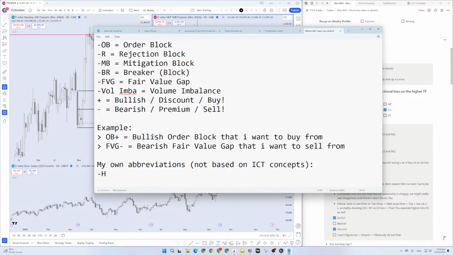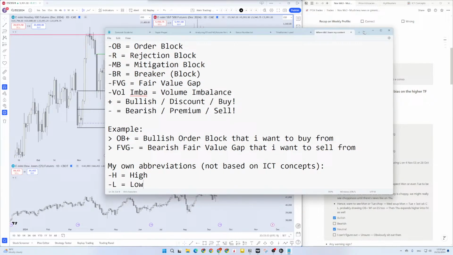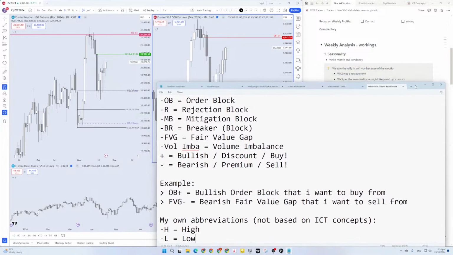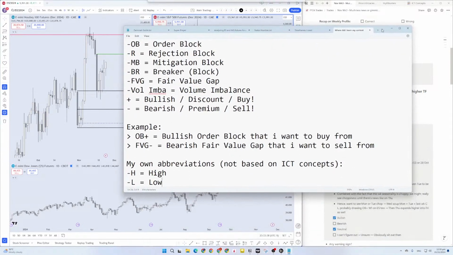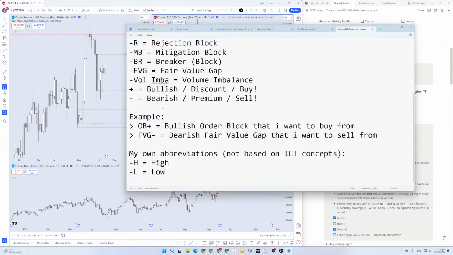H alone is high, L equals low. So if you go to my chart, I don't really have an example for you.